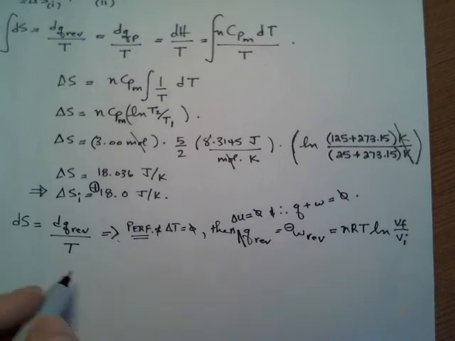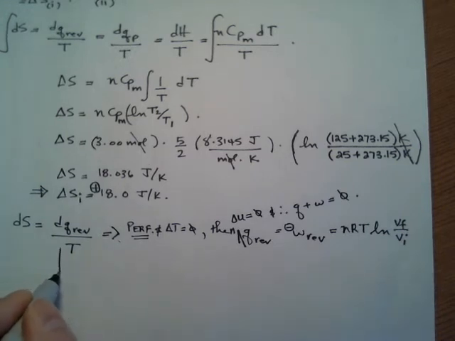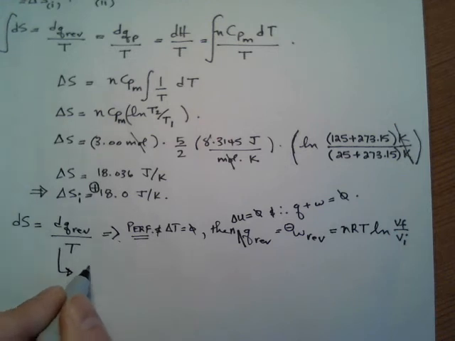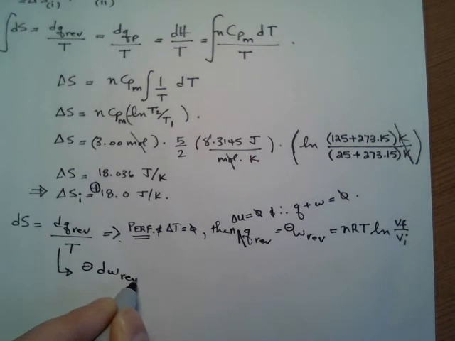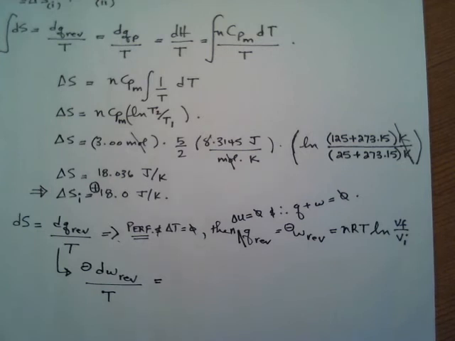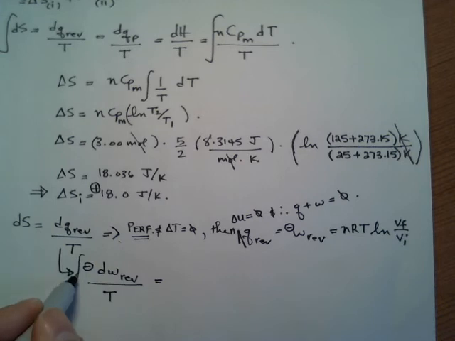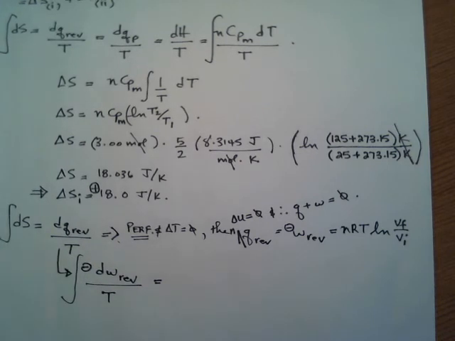Okay, so that's that. So now I can take this, my dS is actually equal to my negative value of dW reversible over temperature, and that, well, that's my formula. And so I think what I'm ready to do now is to integrate.